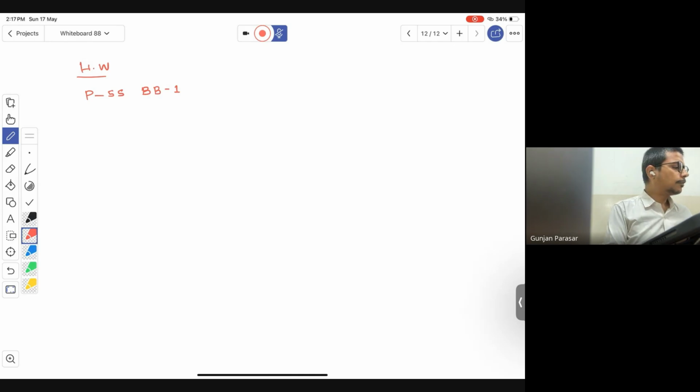Exercise 1 you can't solve much, just a few you can solve, on pages 60 and 61. Question number 15 we have done already. Question number 17 you will try. Question numbers 18, 19, 22, 23.